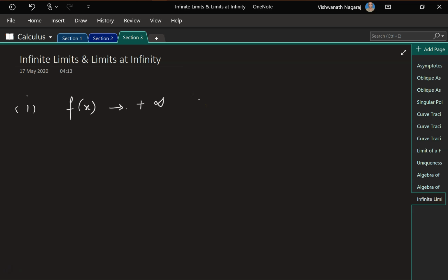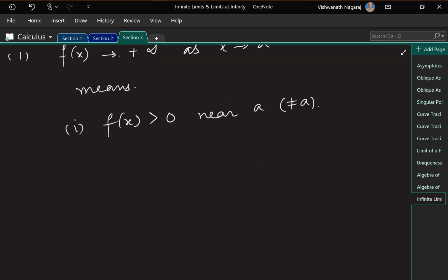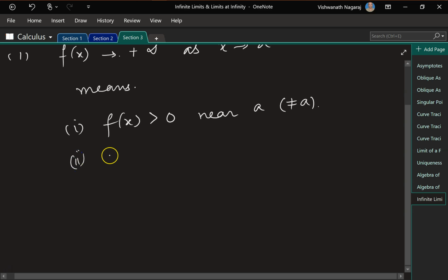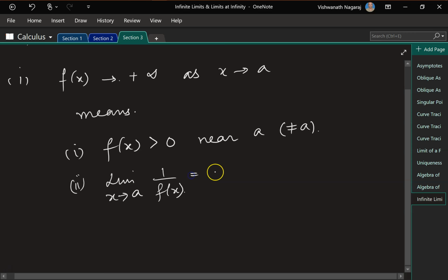f of x tends to positive infinity as x tends to a means, one, that f of x is greater than 0 near a, not equal to a. Near a it is going to be positive. And the second is that the limit as x approaches a of 1 by f of x, remember, we can think of it as 1 by infinity, is equal to 0.